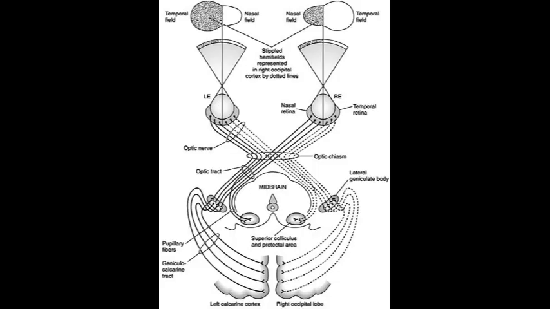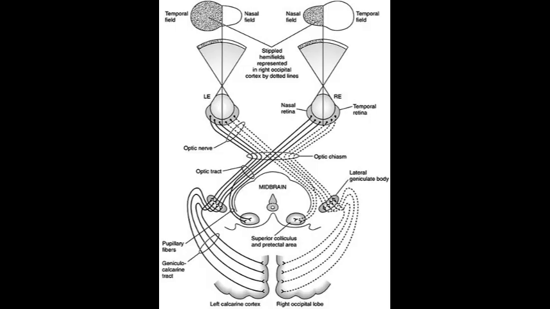This is a diagram of the optic pathway, and basically we have afferent neurons that begin in the retinal ganglion cells. They carry light stimulation and travel through the optic nerve, and then enter the optic chiasm, where you have decussation.